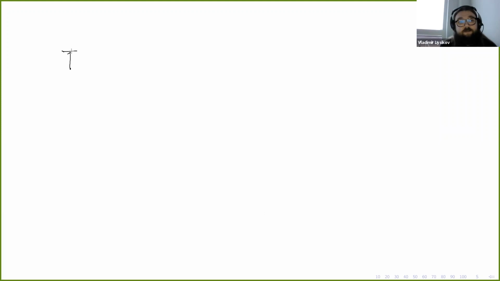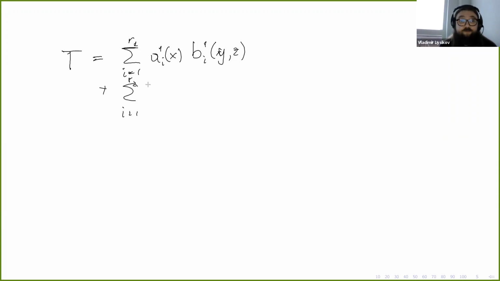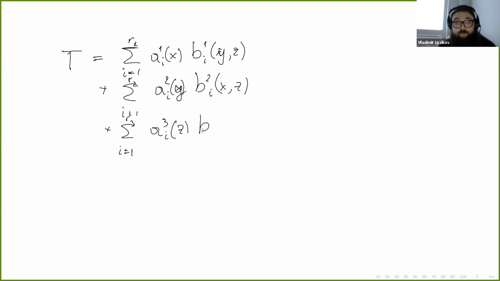Let's say T is a sum of R1 summands of one kind plus R2 summands of the second kind, y x z, plus R3 summands of the third kind.